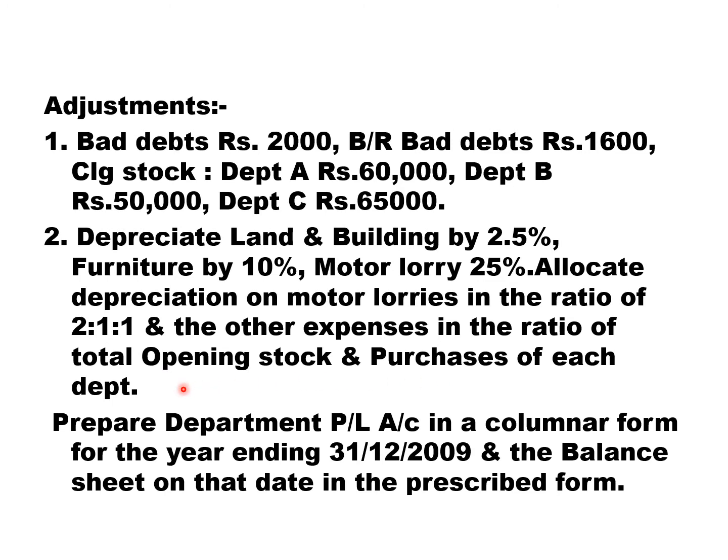So all expenses should be distributed in the opening stock plus purchase ratio. It means take opening stock, add purchase, and the total will be the ratio. Only depreciation on motor car is distributed in 2:1:1.